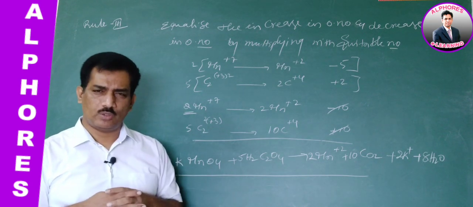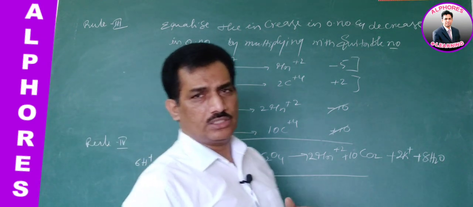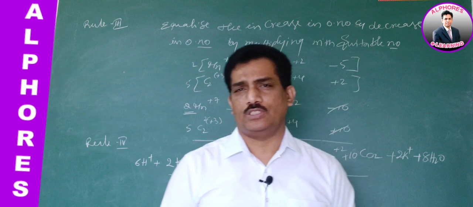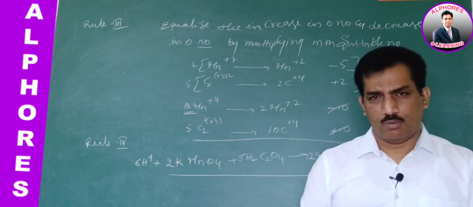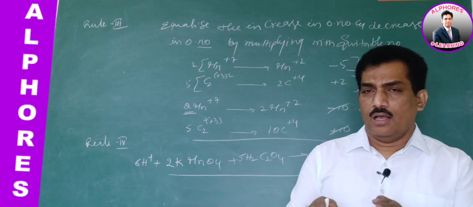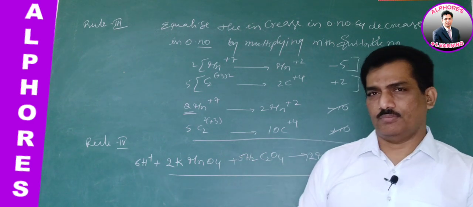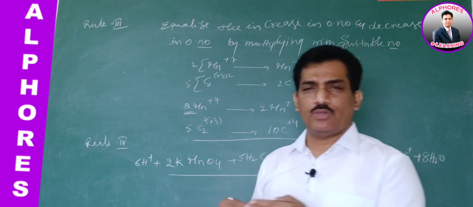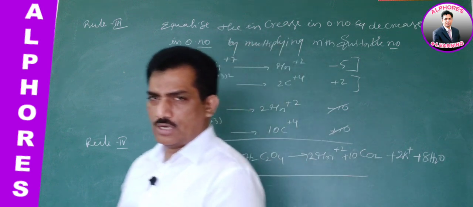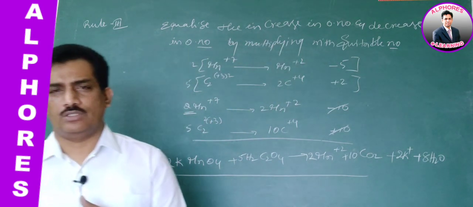Then as per rule number 2, we write these atoms, only atoms, we should not consider the chemical species where the atoms are present. We pick out the atom along with its oxidation number, and write the change in oxidation number on the extreme right side. In the oxidation reaction we can observe an increase in oxidation number, and in the reduction reaction we can observe a decrease in oxidation number.